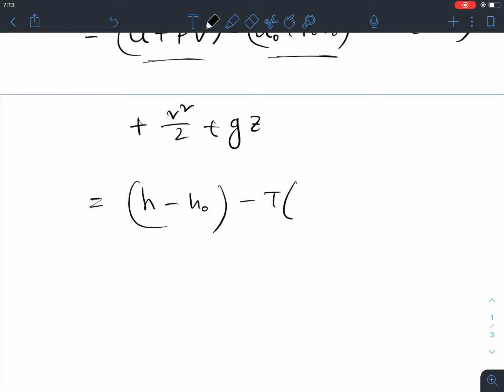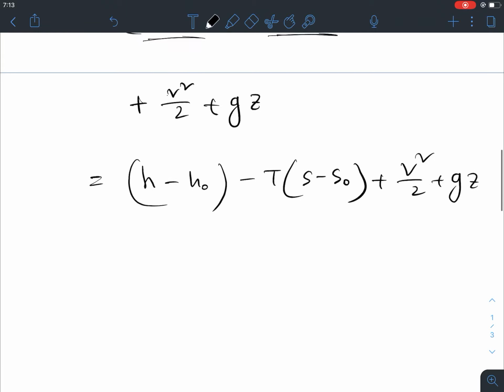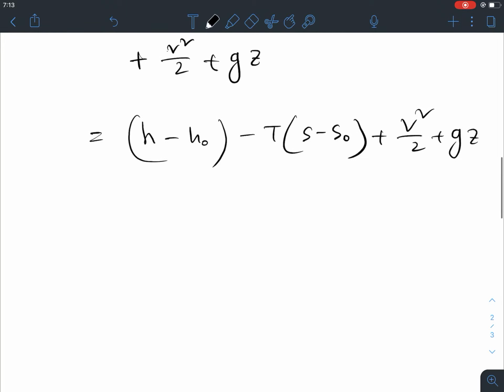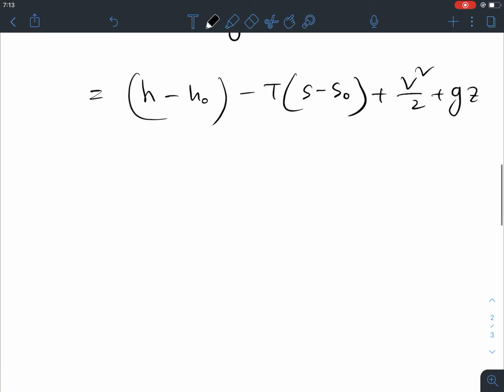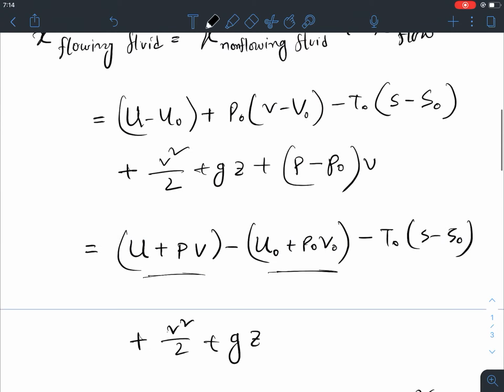So basically it will be H minus H naught minus T naught times (S minus S naught) plus V squared over 2 plus gZ. That's the expression of the exergy of a flowing fluid. This expression is called the flow exergy expression.